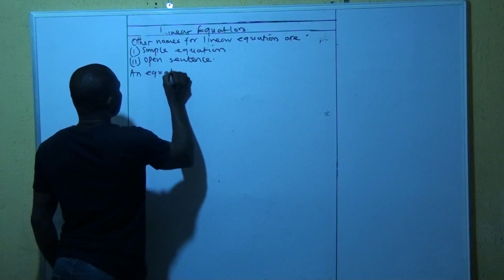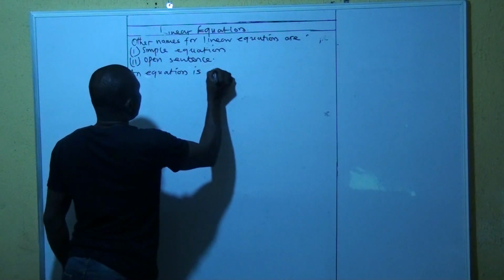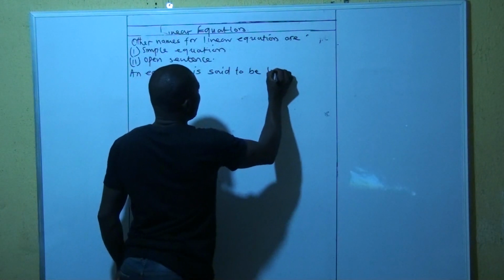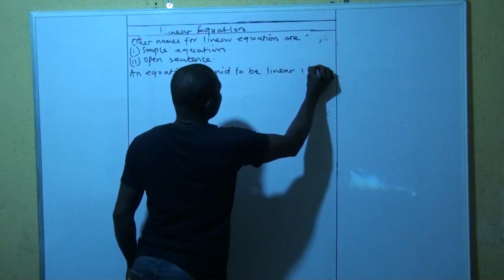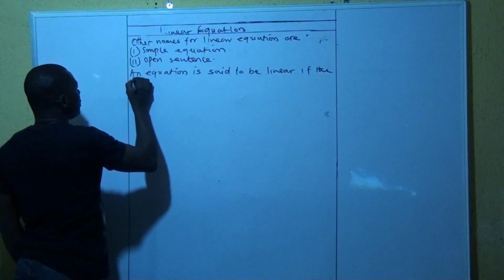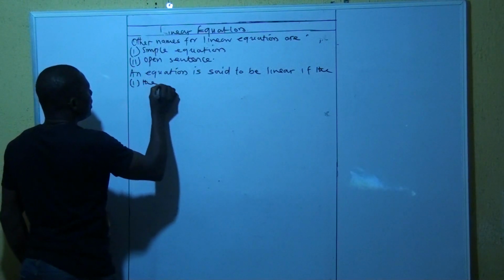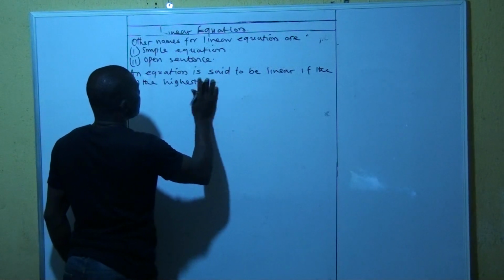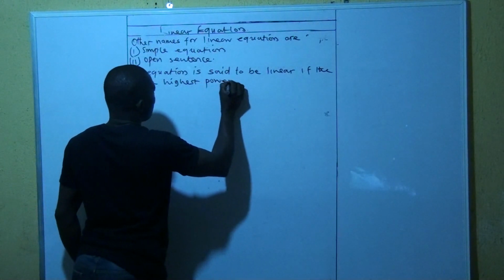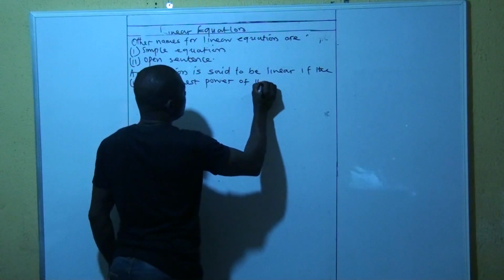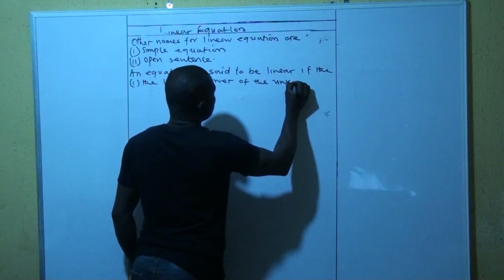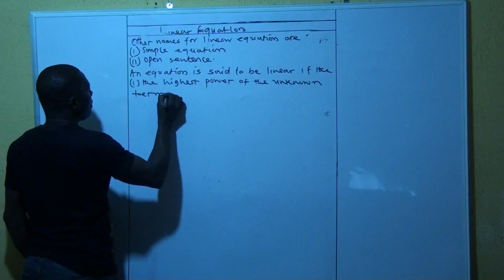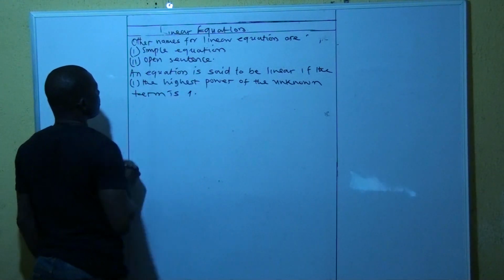An equation is said to be linear if, one, the highest power of the unknown term is 1.